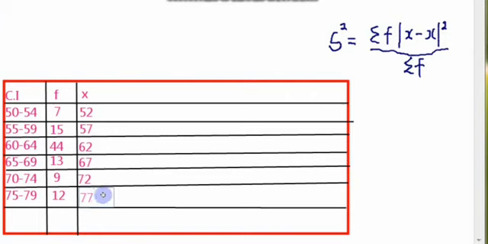After computing this, let's go to the formula to know the next thing. This is the table for x. For the next thing, we need the mean.